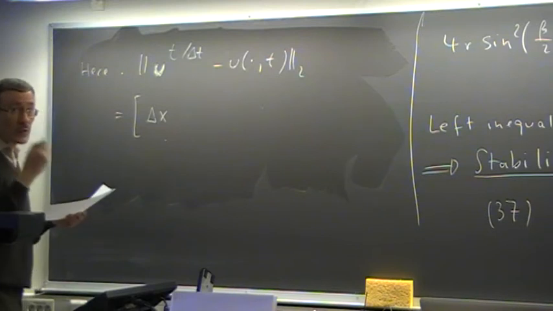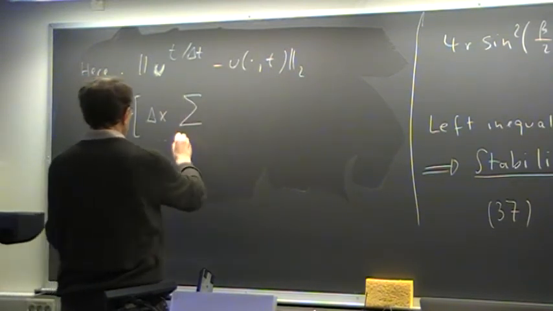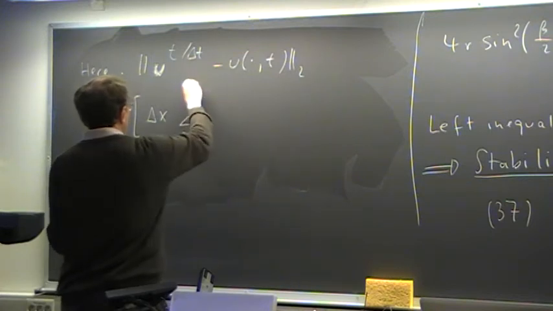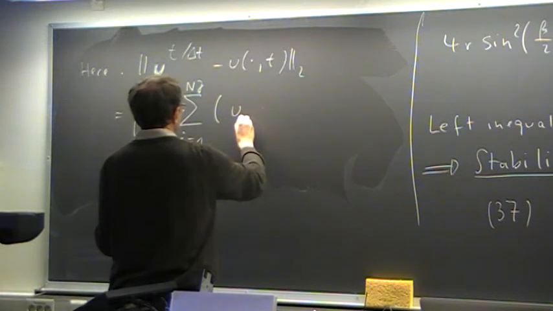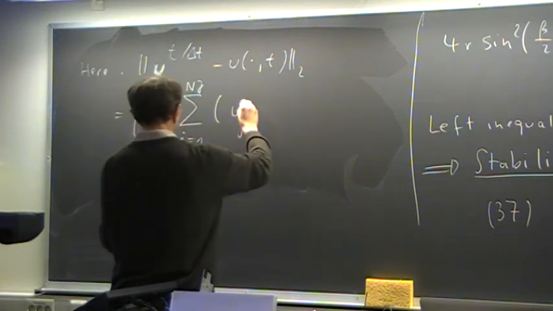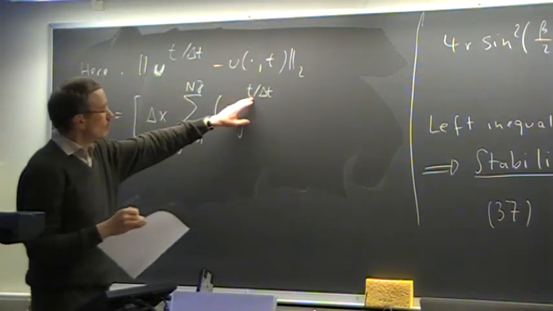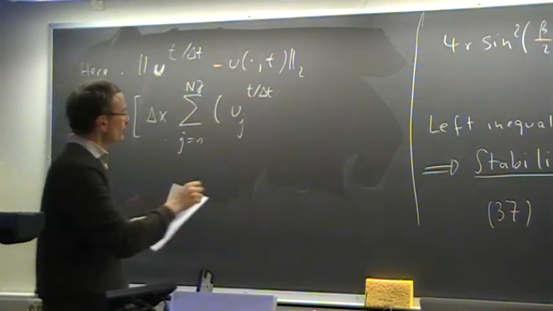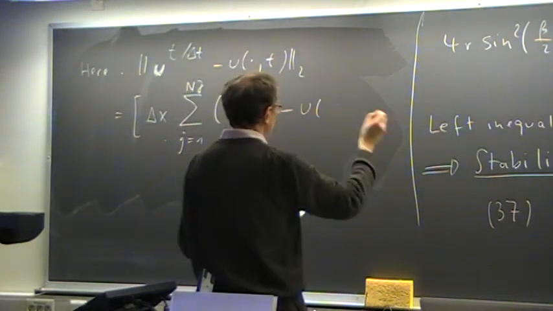We have always the grid spacing, delta x, times the sum, in our case from j equals 1 to N_j, and then we take the numerical solution at the grid point j at the time level t over delta t, so this is some n here, minus the exact solution, and that is now what the point means.